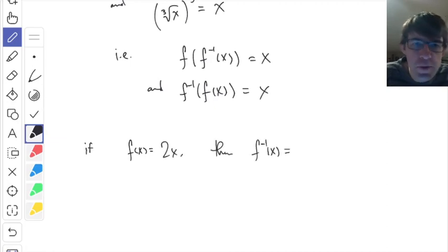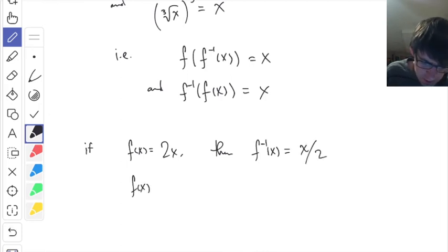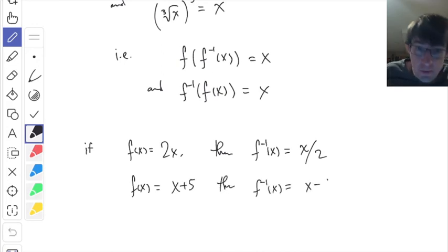If you multiply by 2, what's the function which undoes that operation? x over 2. Yeah, this is x divided by 2. So if f of x is 2 times x, then f inverse of x is x divided by 2. Or if f of x is x plus 5, then the way to undo that is x minus 5. This is how you undo addition.